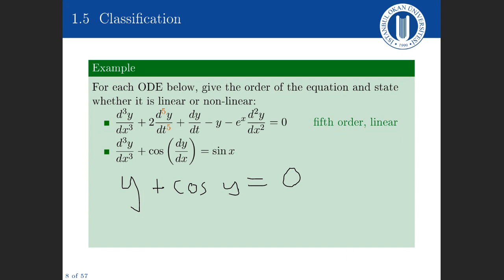If we forget all of the derivatives, forget all of the functions of x, then this would just be y plus cos y is equal to 0. That's not just y plus y is equal to 0. It's more complicated. So this is a non-linear equation.